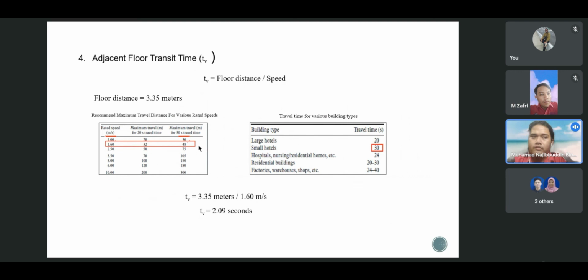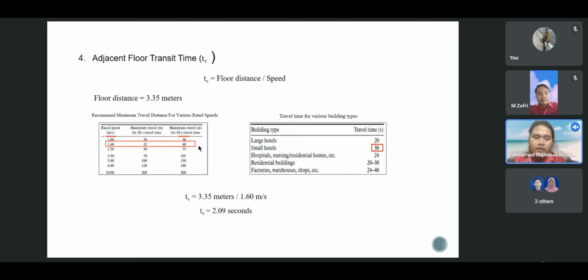The formula is TV equals floor distance divided by speed. Floor distance is 3.35 meters. The recommended maximum travel distance for various rated speeds is 1.6, so the value we choose is 1.6 rated speed. For travel time for various building types, it is a small hotel for our project, so the travel time is 30 seconds.